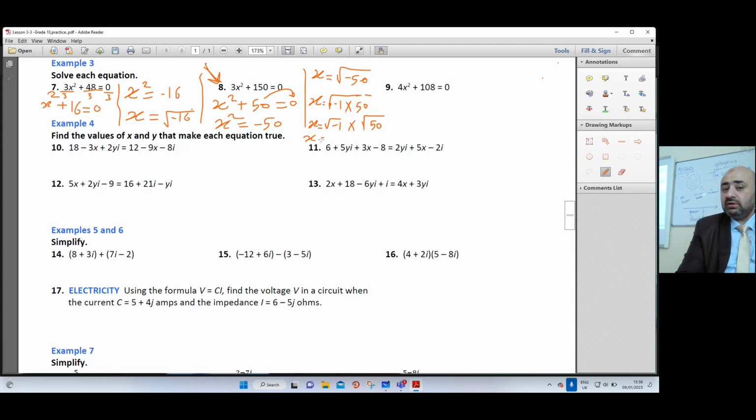As you know, the square root of negative 1 will be i. And you can write 50 as 2 times 25. The square root of 25 will be 5. So we can write 5i square root of 2. Now I want all of you to try to solve number 9.